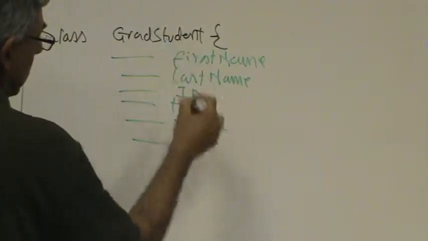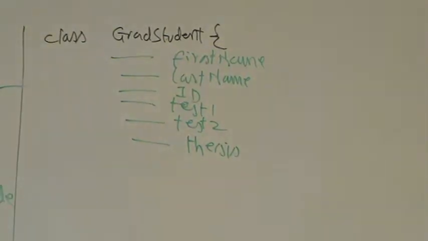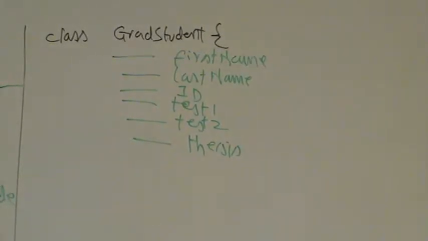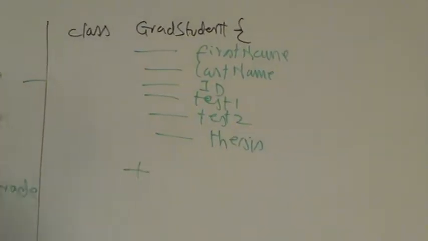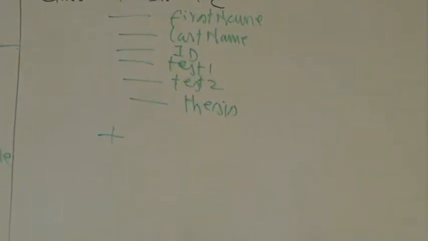And let's pretend every student will do a thesis, so we need some kind of a thesis for each graduate student, okay? Now every grad student, let's pretend, will also take 2 tests. So we also need a compute grade method.